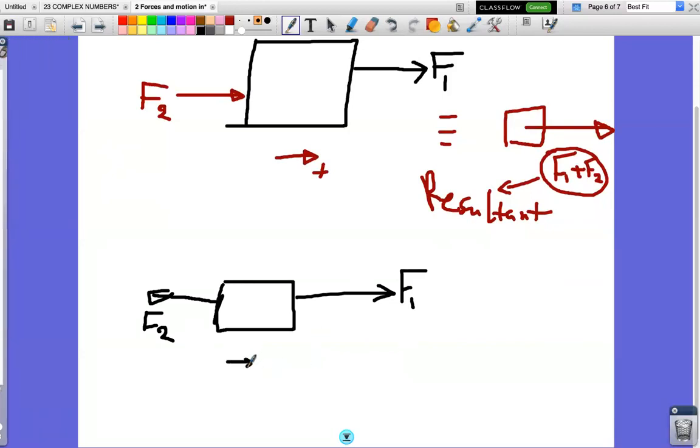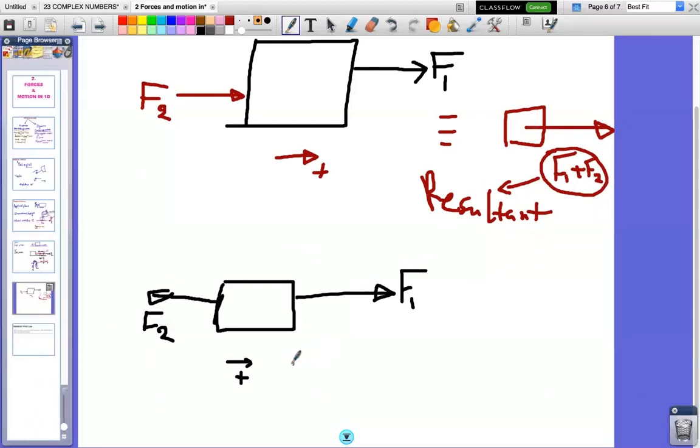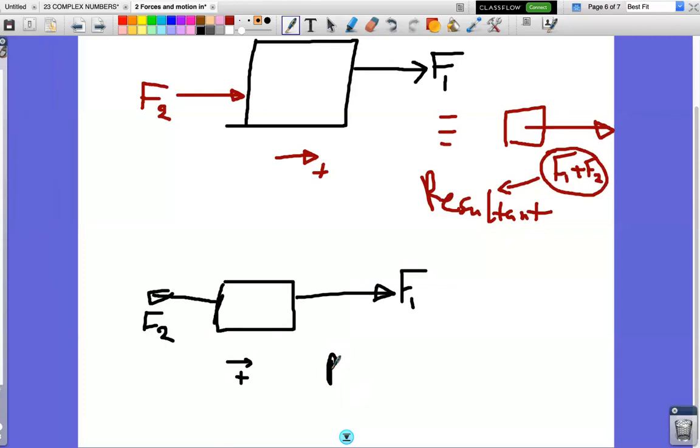So let's consider this direction to be positive because I can clearly see here that F1 is bigger than F2. The magnitude is bigger, right? So I choose the direction of the bigger force to be positive. And so F2 will be negative, right? So what is the resultant? Resultant force here is F1 again, let's use vector F1 plus F2.